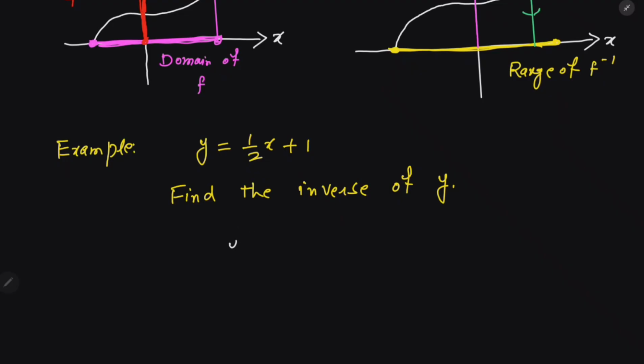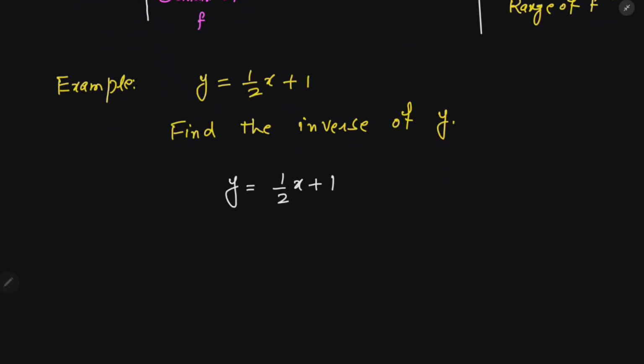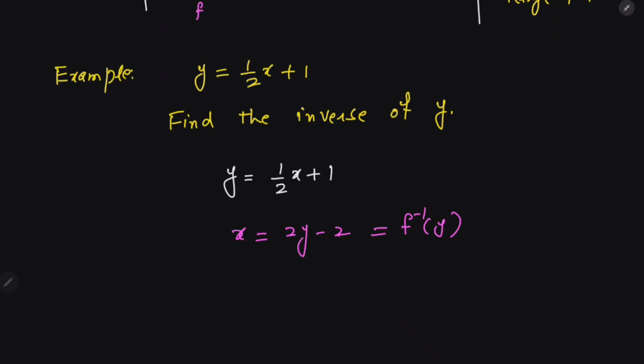The first thing we need to do is to find x from here, and x will be equal to 2y minus 2. So this is our inverse function.